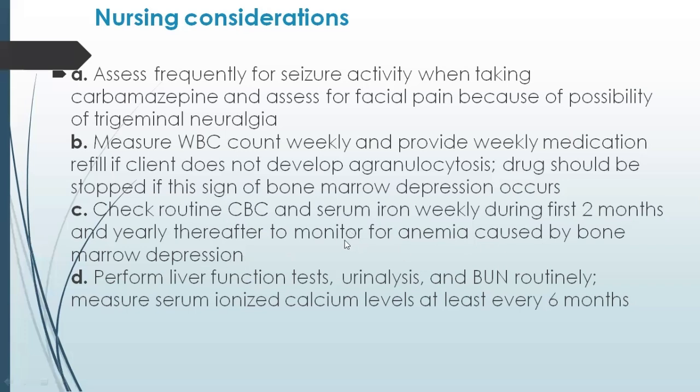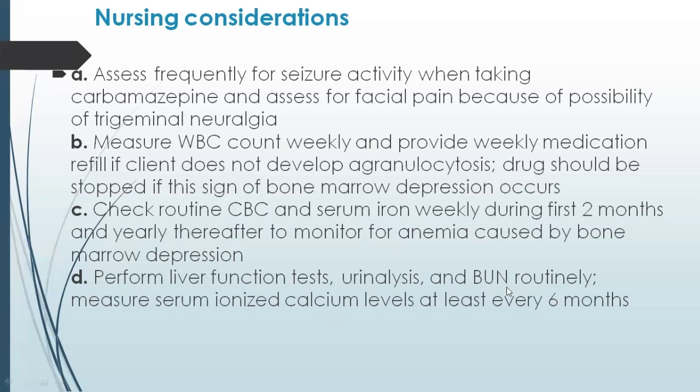When you hear of bone marrow depression, think about all 3 types of cells: platelets, white blood cells, and red blood cells. Perform liver function tests, urinalysis, and BUN routinely. Measure serum ionized calcium levels at least every 6 months.